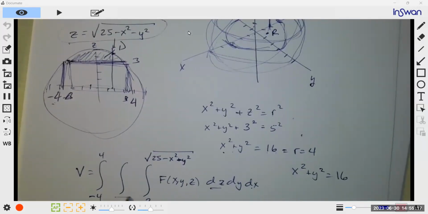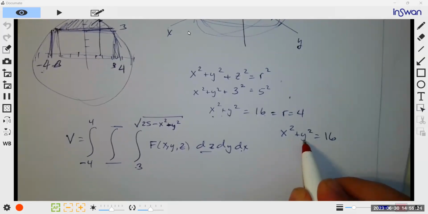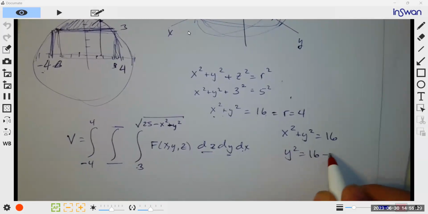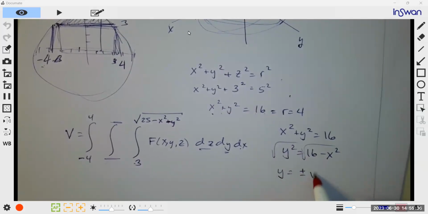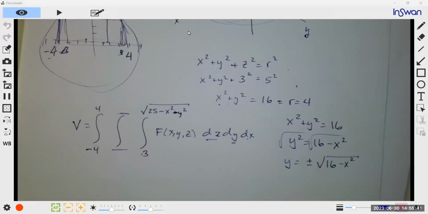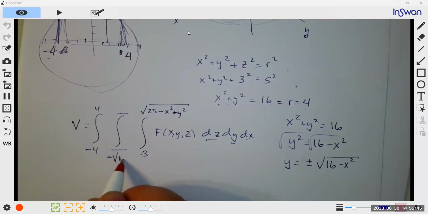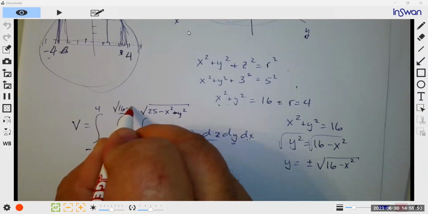So what we have to look for now is y, using this formula. Solving for y, we get y squared equals 16 minus x squared. Square root both sides, so y equals plus or minus the square root of 16 minus x squared. So the lower bound will be minus the square root of 16 minus x squared, and the upper is the square root of 16 minus x squared.